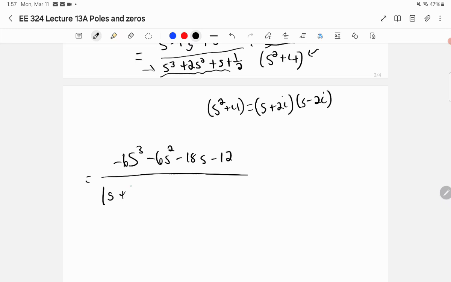This is going to be s plus 1.5652. That's not the exact answer, that's just a rounded one.